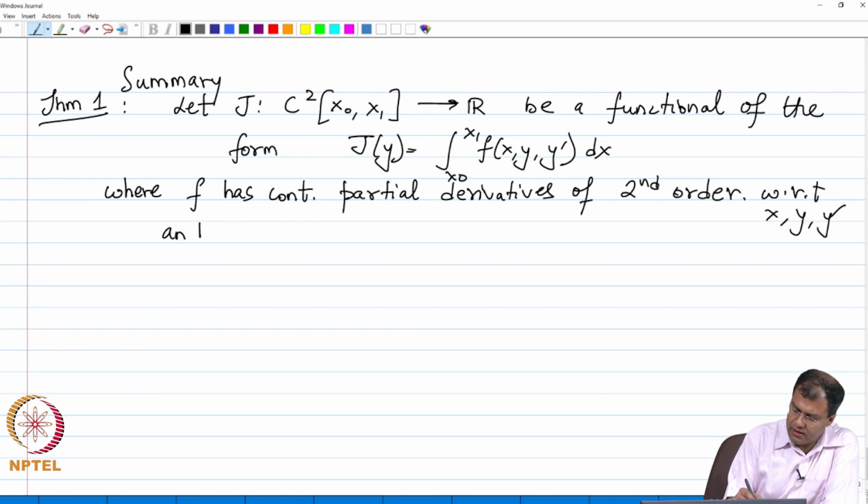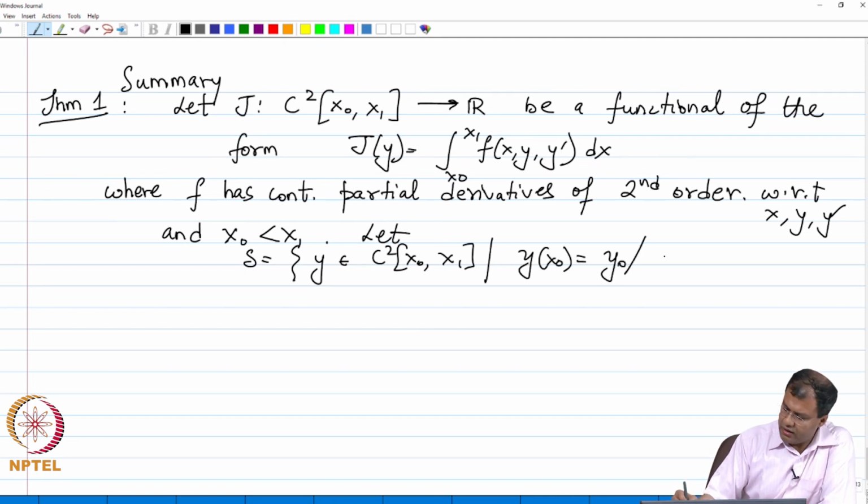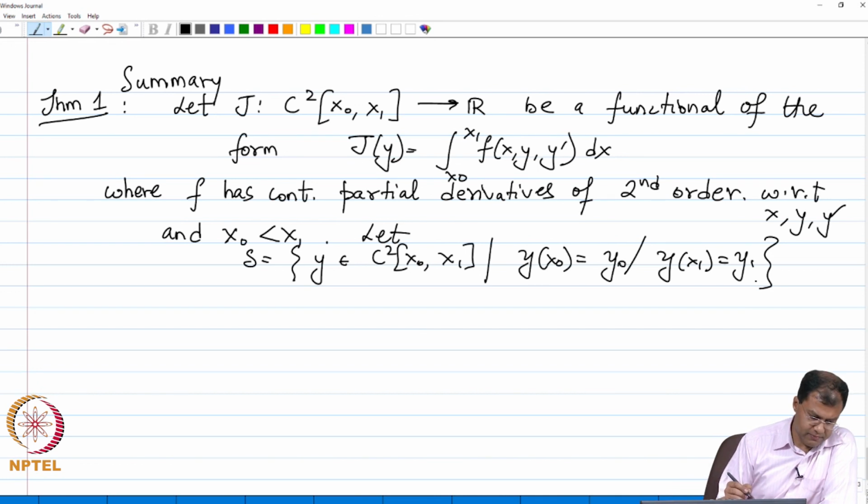And I have that x0 is less than x1, and further let my set S be the set of all second order differentiable functions on x0 to x1, such that y of x0 is y0 and y of x1 is y1. So, fixed endpoint functions.